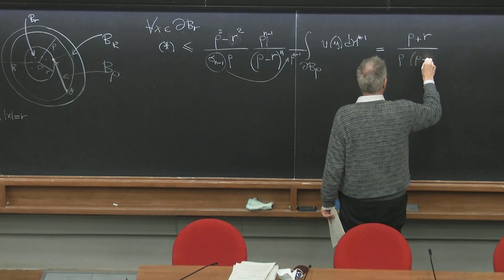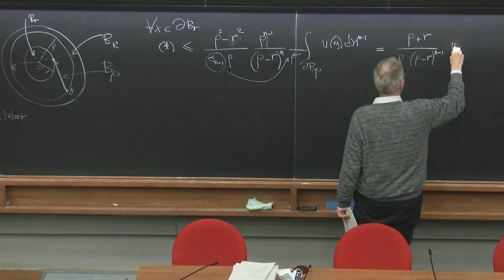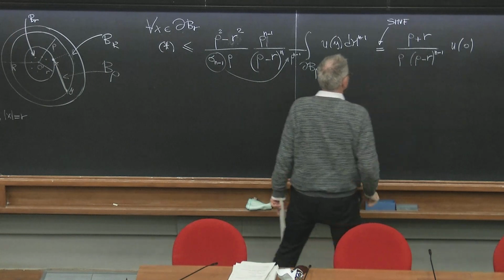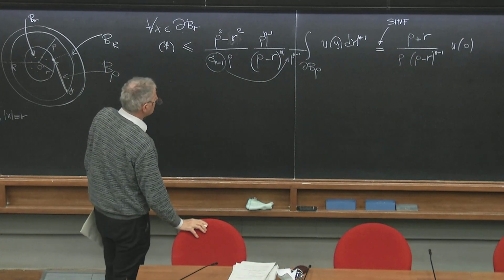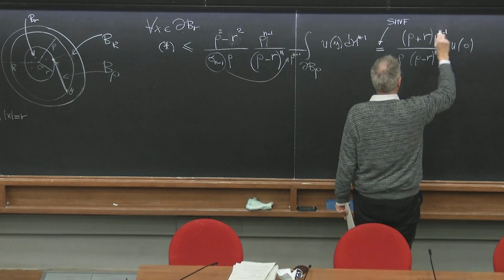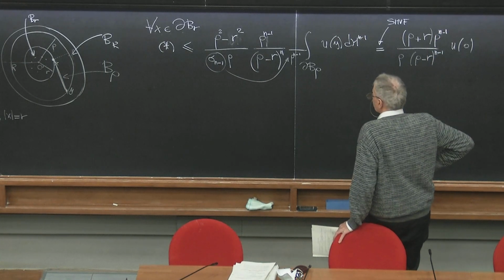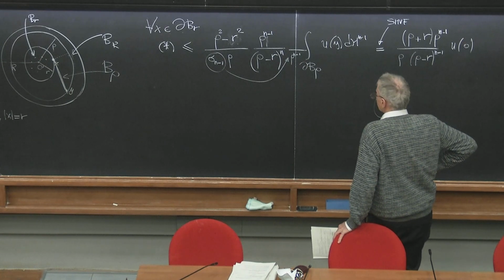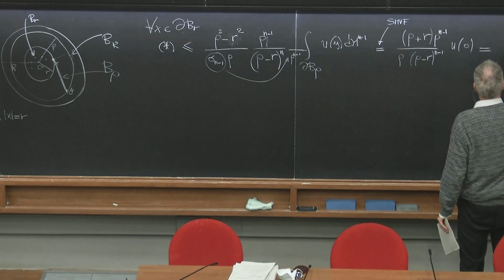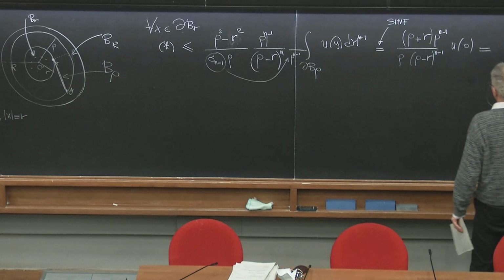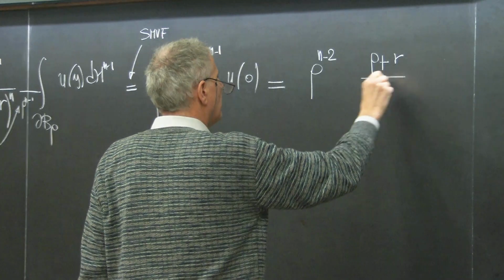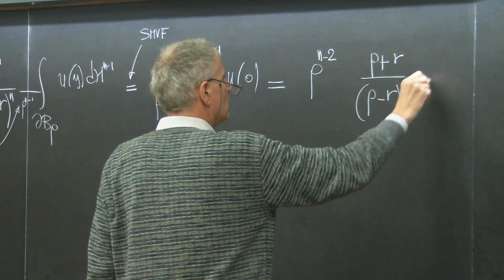Then we have (rho minus r) to the n minus 1. And then using the surface mean value formula, if I'm not wrong, rho multiplied by rho to the n minus 1, rho to the n minus 2, rho plus r divided by (rho minus r) to the n minus 1, u of 0.